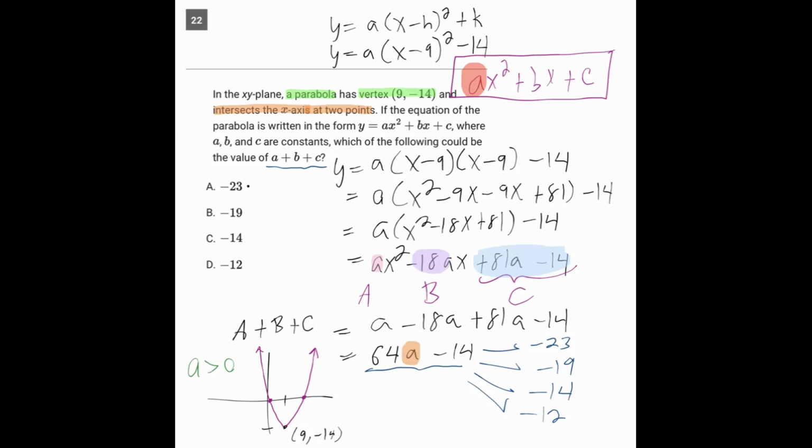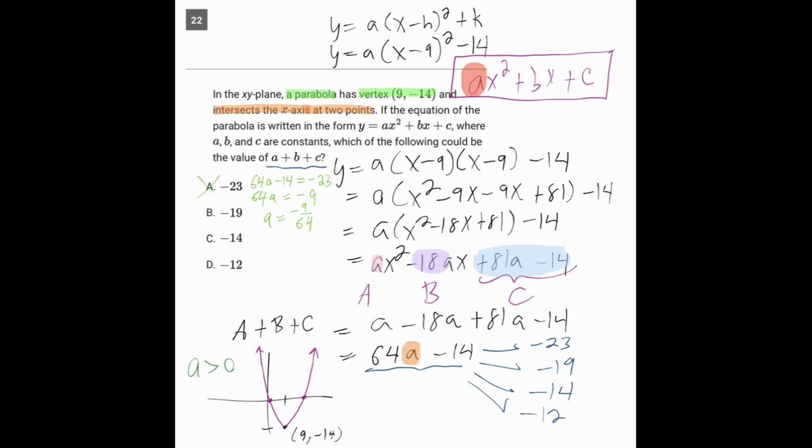So if we did answer choice A, we'd have 64A minus 14 equals negative 23. Let's make that a little neater. We can go ahead and add 14 to both sides. Then we can divide by 64 and we'll have negative 9 over 64. And that's a negative number, so that one's not going to work.